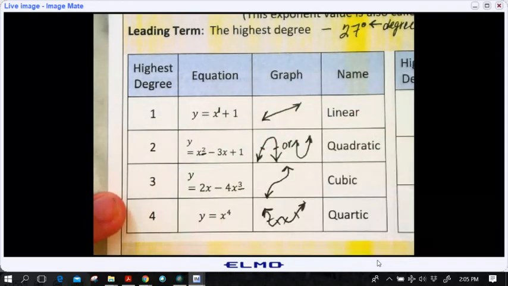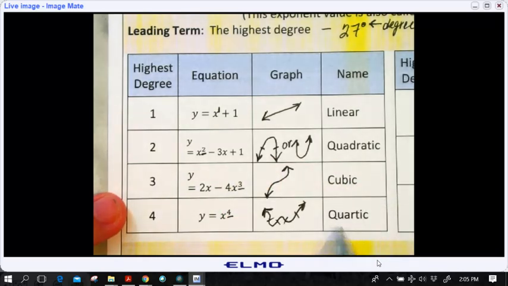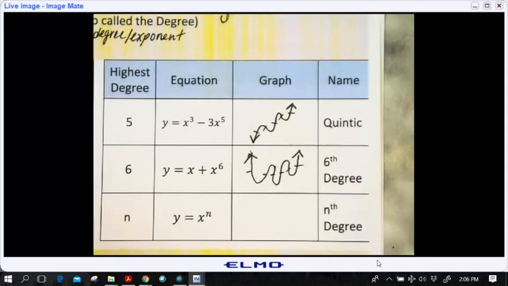If the highest degree is 3, I have a cubic, which looks like this. My highest degree is 4. I have a quartic, which looks like this, okay? It changes direction 3 times. And so it has 1, 2, 3, 4 different directions that it's going. Let's look at if our highest degree is 5, we call this quintic, okay?